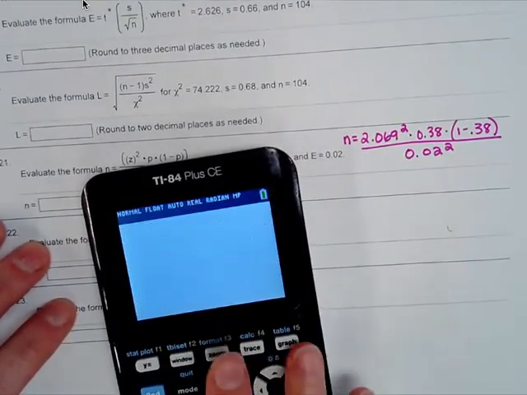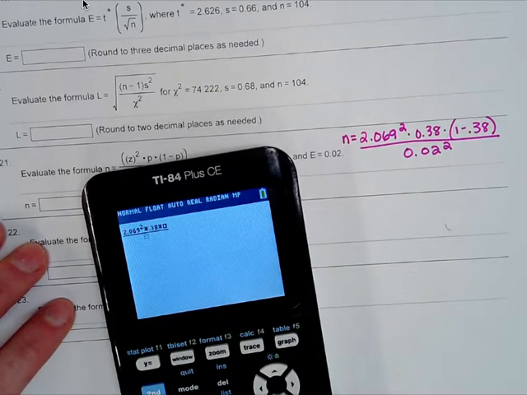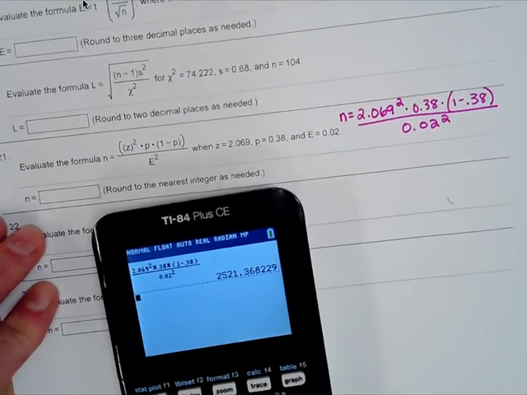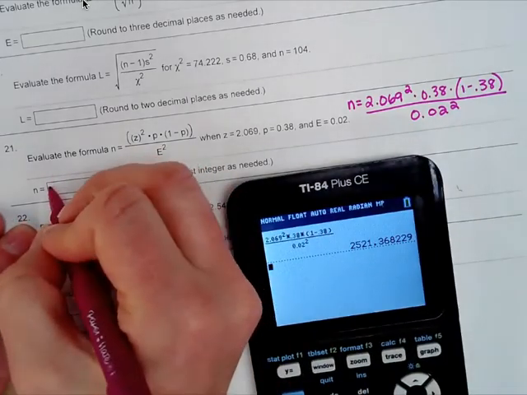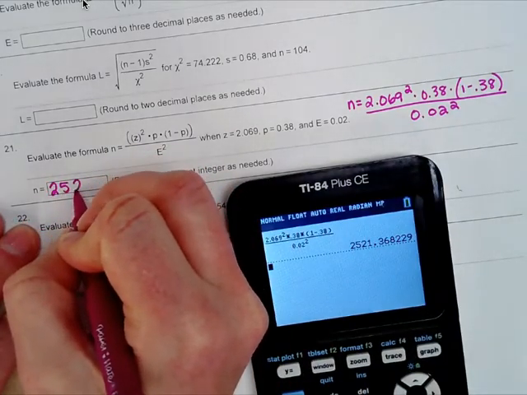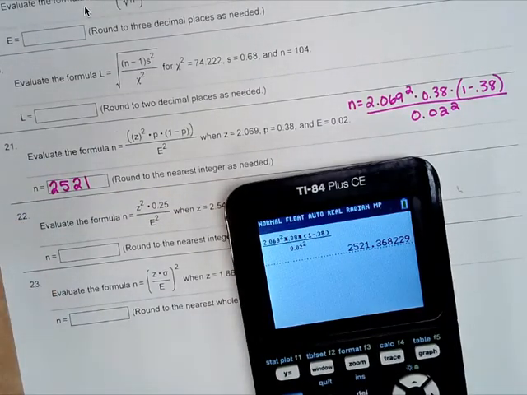So whenever you plug it in, 2.069 squared times 0.38 times 1 minus 0.38 over 0.02 squared. And round to the nearest integer. So 2,521. Okay, that is all for chapter 7.